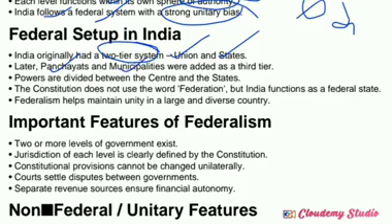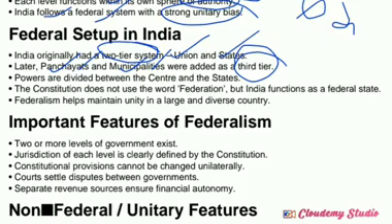These panchayats and municipalities were added as the third tier of government. So at present in India, we can observe three different tiers of governing bodies. In the basic constitution only two tiers were mentioned. Based on the amendment, they added the panchayat government as another tier or level. That is what we call the third tier of the federal system.